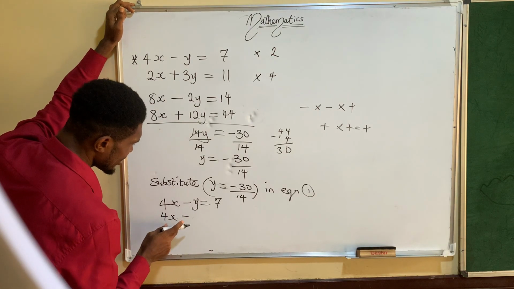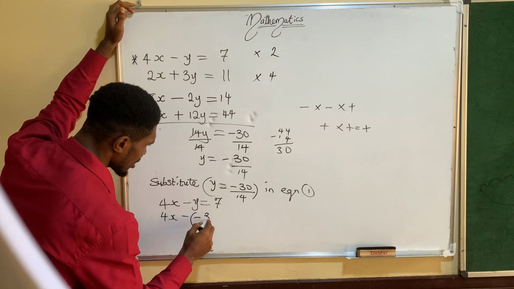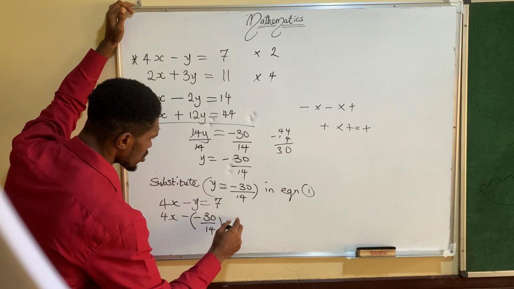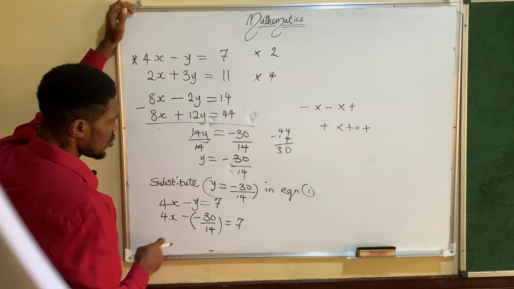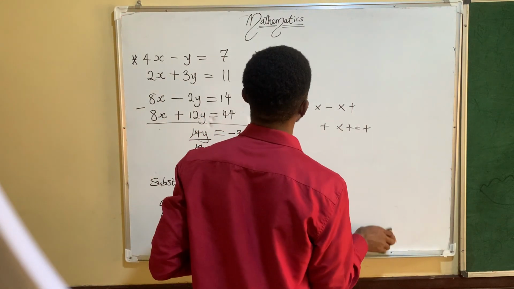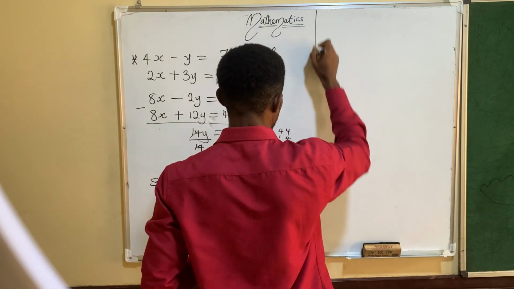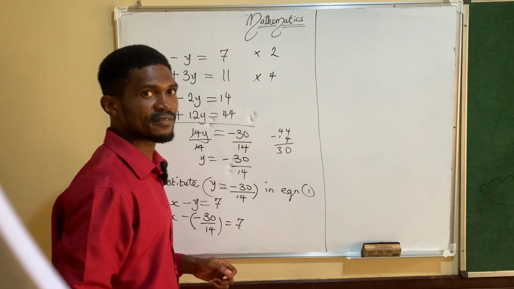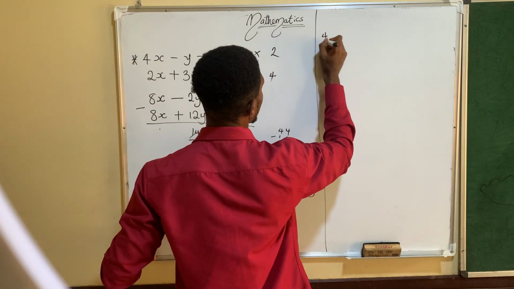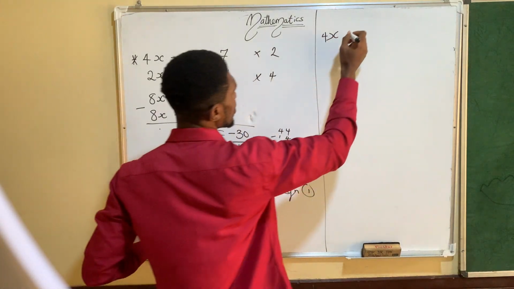right? But then this is 4x minus, this is the minus. Then minus 30 over 14 is equal to 7. We are solving for x. So we have 4x, minus times minus will give us what?